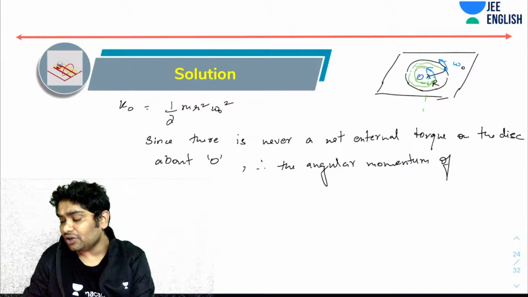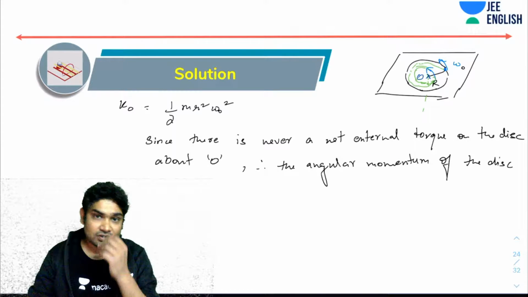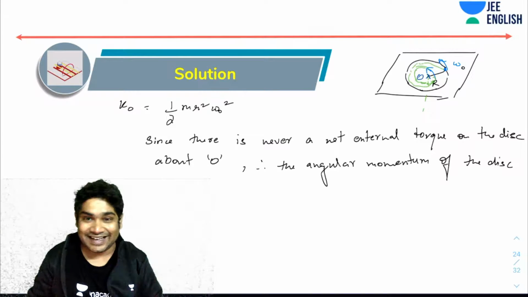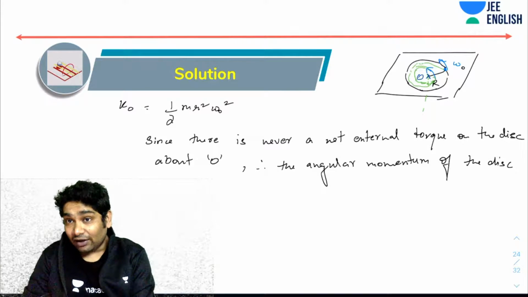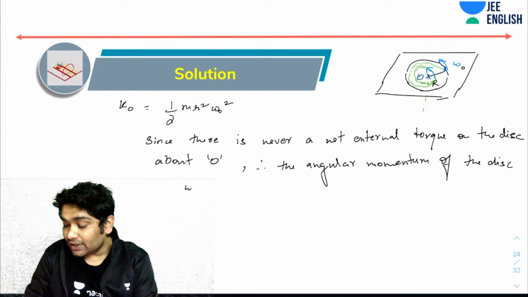So you should have seen such questions which are solved using the conservation of angular momentum. Yes, L is conserved. So the angular momentum of the disk with respect to O is conserved.